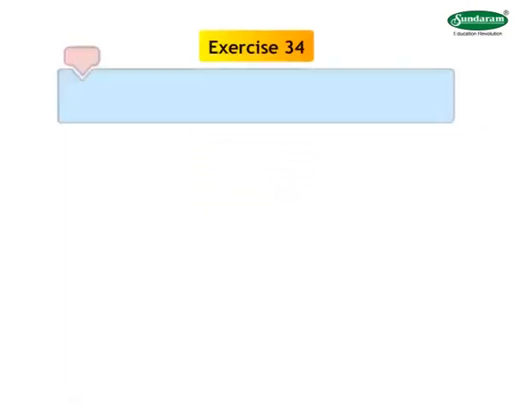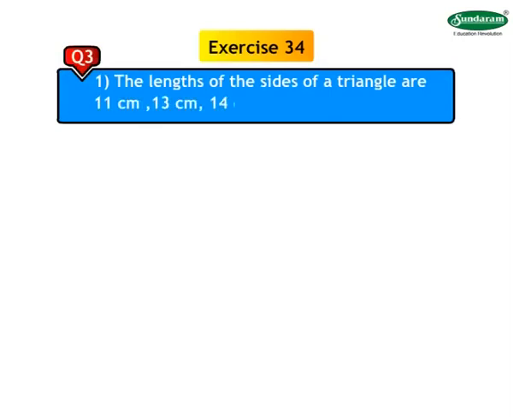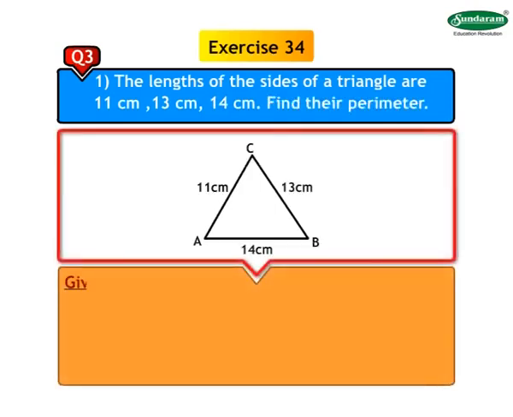Exercise 34, Question 3. The lengths of the sides of a triangle are 11 centimeters, 13 centimeters and 14 centimeters. Find their perimeter. Solution. It is given that in triangle ABC, length of its sides are 11 centimeters, 13 centimeters and 14 centimeters.